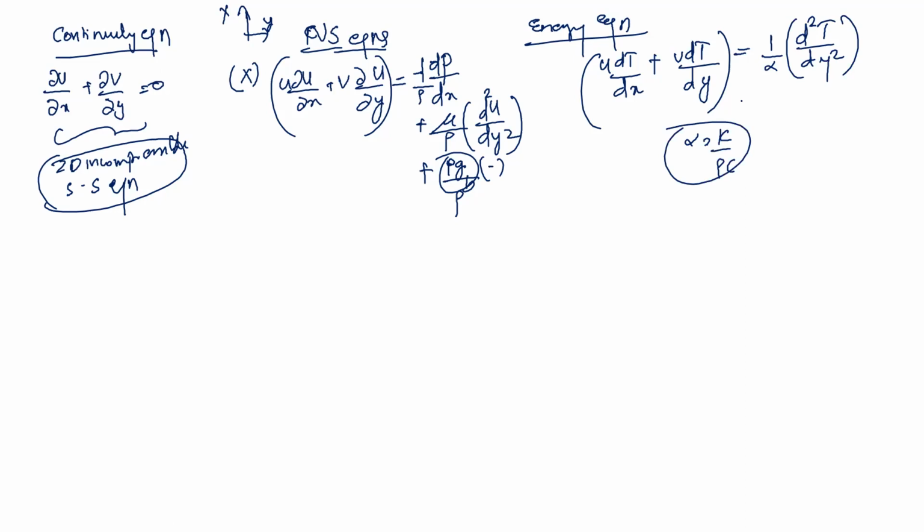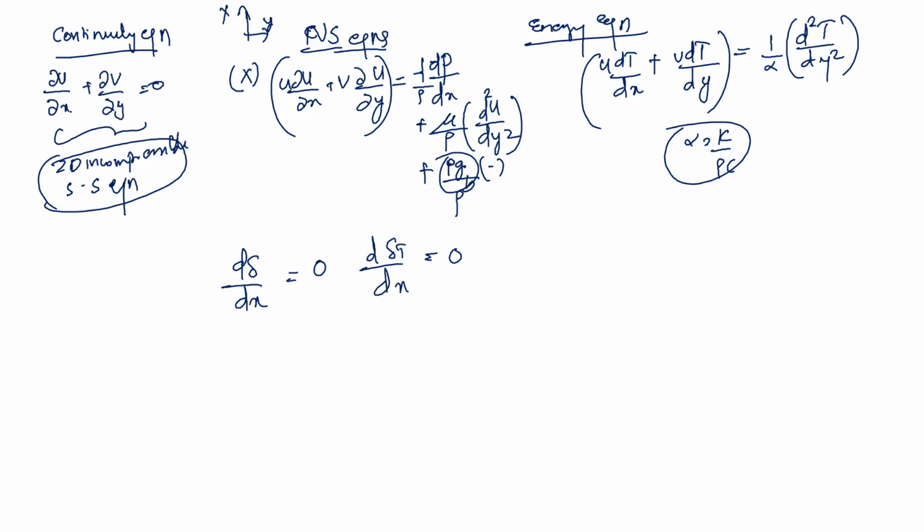Okay, so we know that actually d delta by dx is equal to 0 and d delta T by dx is equal to 0. So there is no growth of the boundary layer.